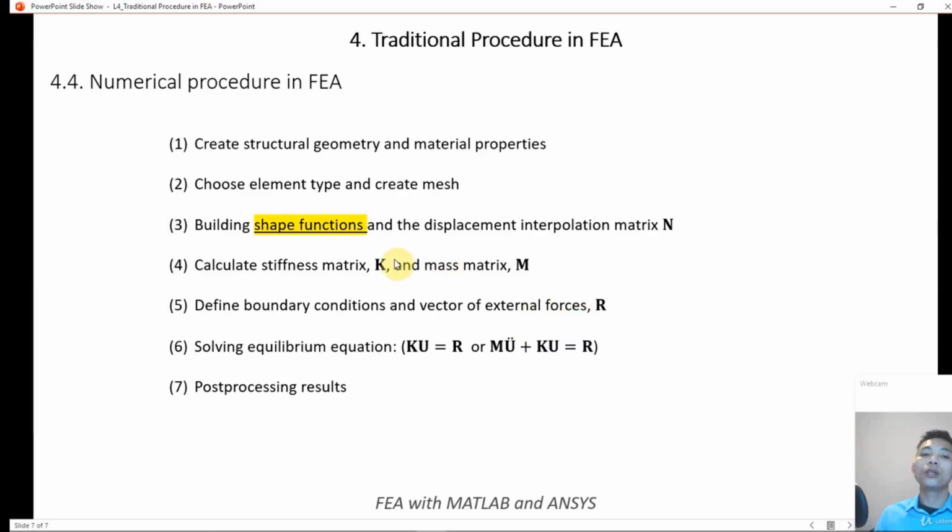Okay, so up to here you have the mass matrix, you have the stiffness matrix, you have the external force, you have boundary conditions, so you can solve the equation of motion.